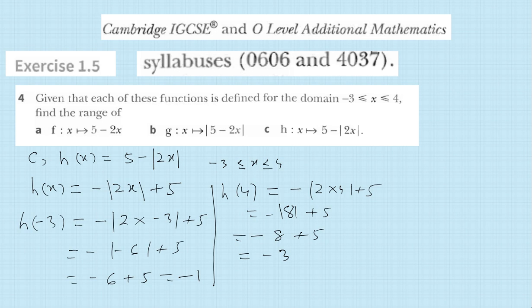Is it possible to get a value smaller than minus 3? You can check by putting all the values from minus 3 to 4. You will see that minus 3 is the smallest value. But what should be the highest value? Again, very easy.